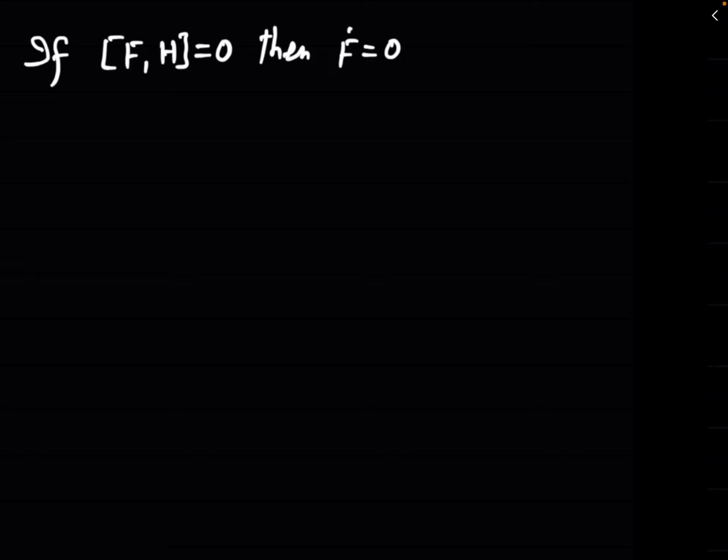And if f dot is equal to 0, it means that this dynamical variable f will be a constant of motion.